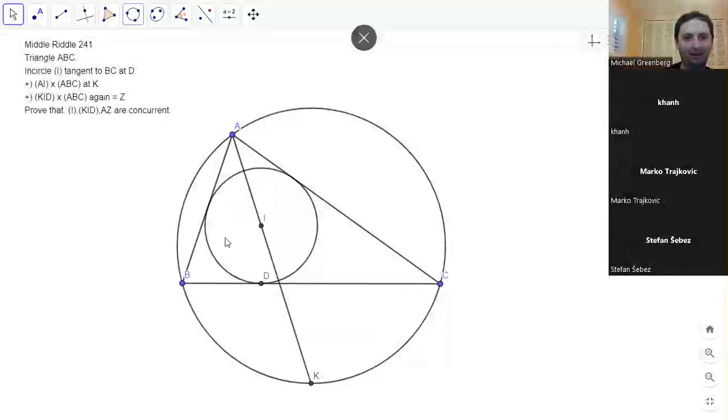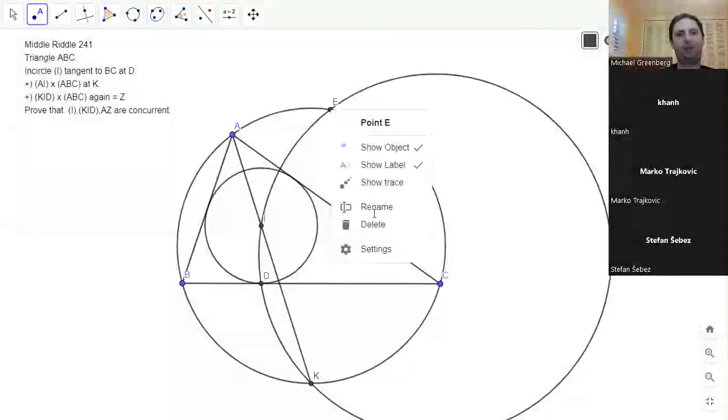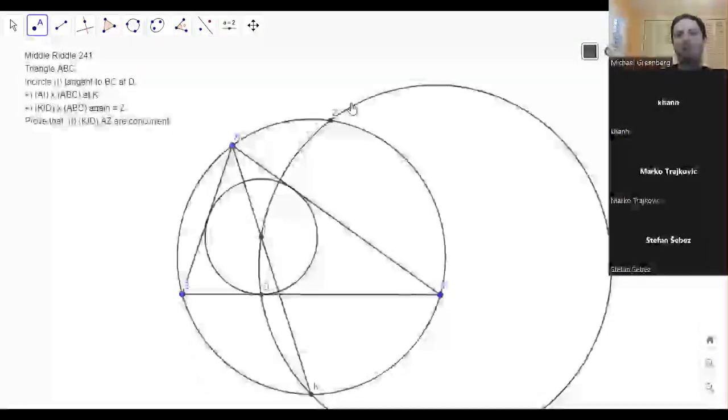KIB intersects ABC at Z. And we want to show that KID, and wait, did I mess up somewhere? Yeah. This is actually very easy by configs.